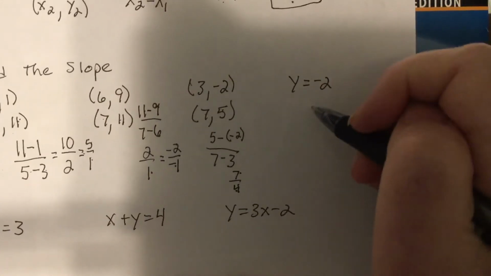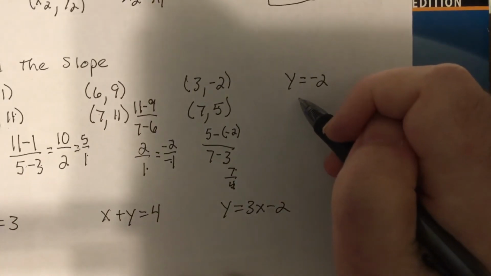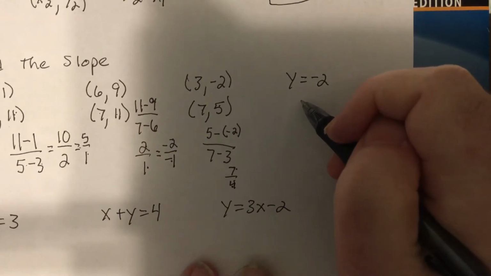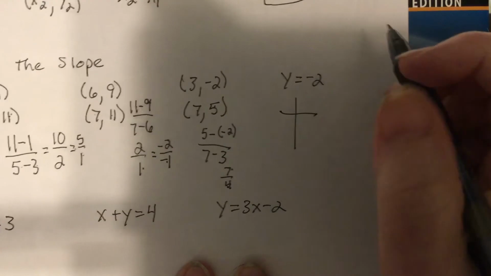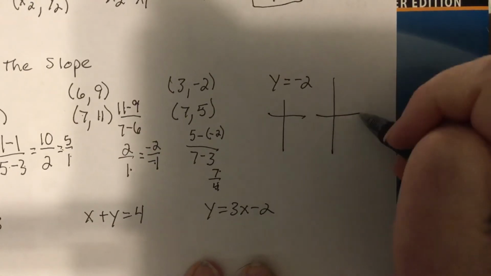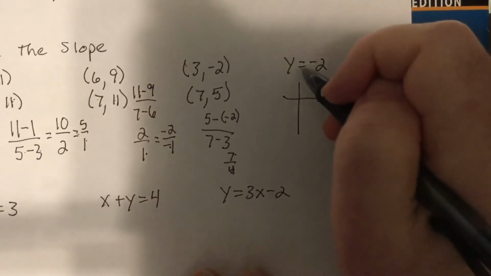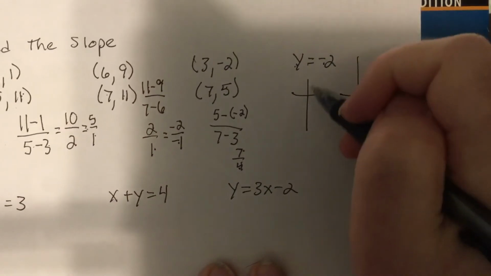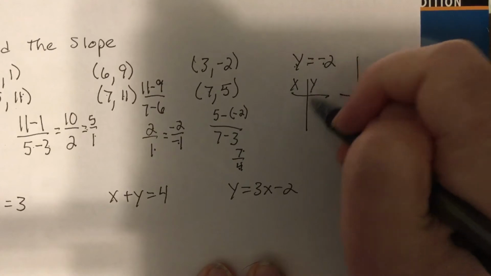Now this one. Now yesterday, or the last video last week, I messed up. I actually started right and then just made a dumb mistake. All that matters when y is negative 2 is that the y number is negative 2.